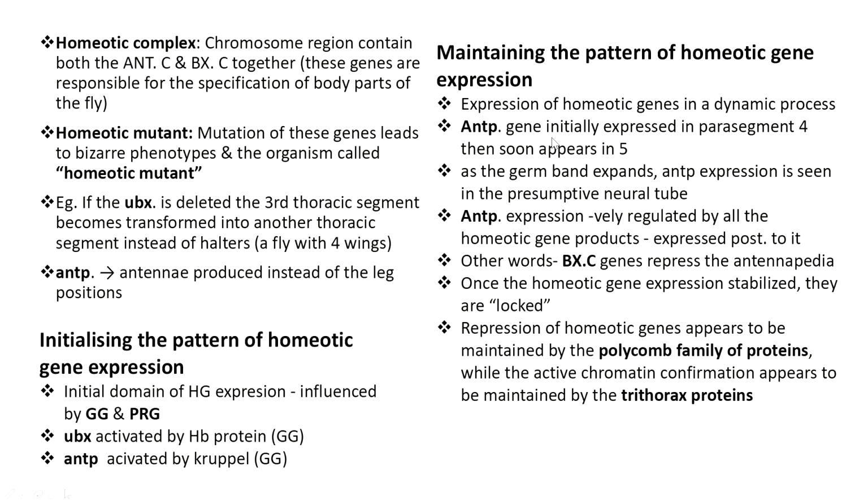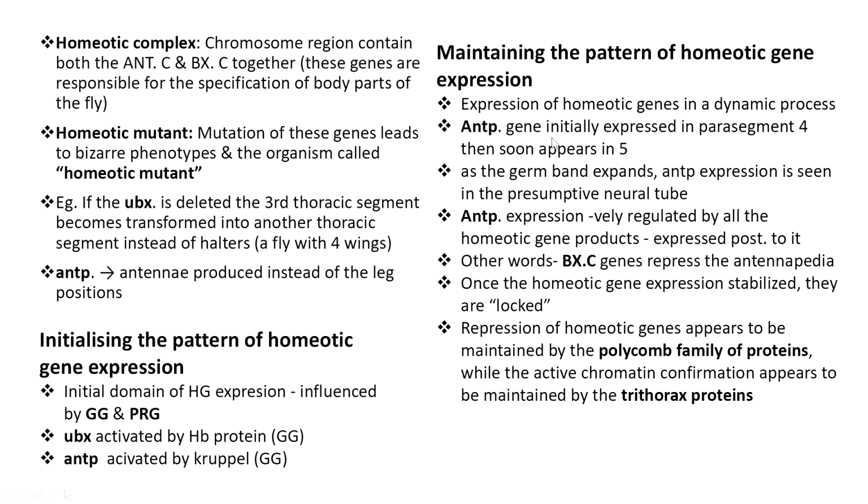If the 8 different kinds of genes are located in different segments, parasegments, from the head to the last segment of the abdominal region, they start to express, gradually stabilize and finally get locked, and there is no possibility of the expression of these genes in different segments. They are locked at each and every segment.